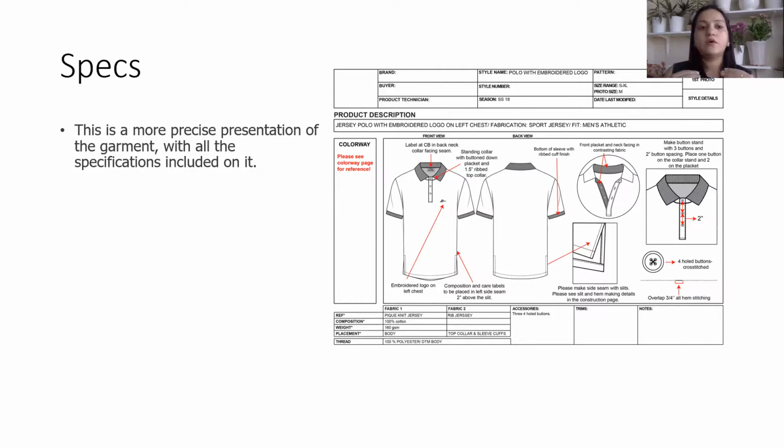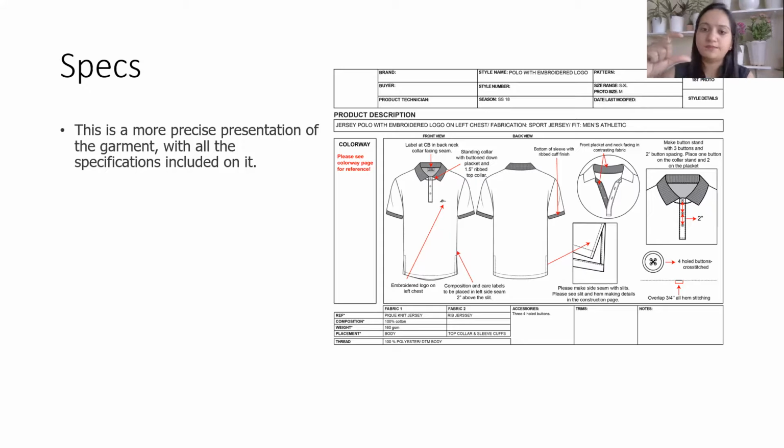The difference between the flat and the specs is mostly the detailed description. Suppose you are making a t-shirt for any XYZ brand. You need to put the brand logo, so you should be very particular about the position, like 6 inches below the shoulder, on the left hand side or the right hand side.